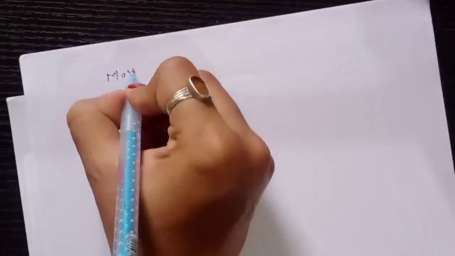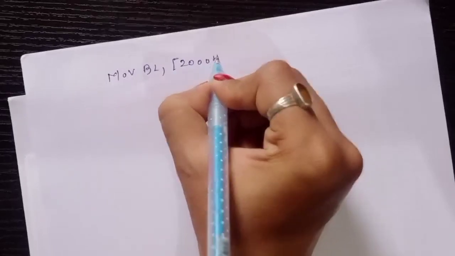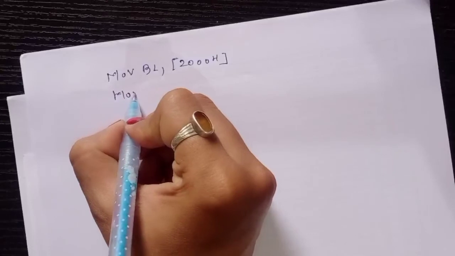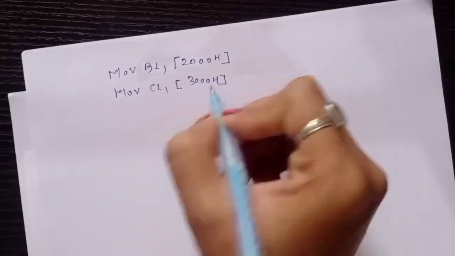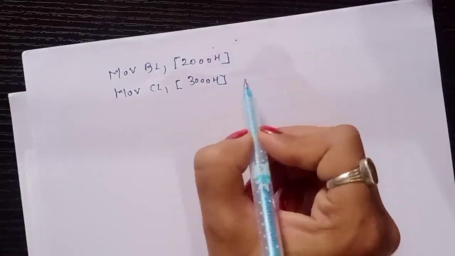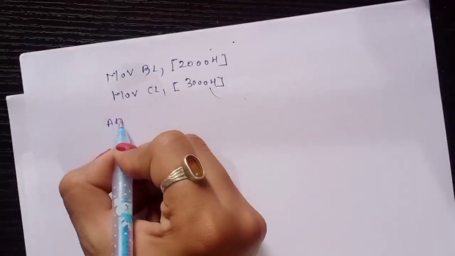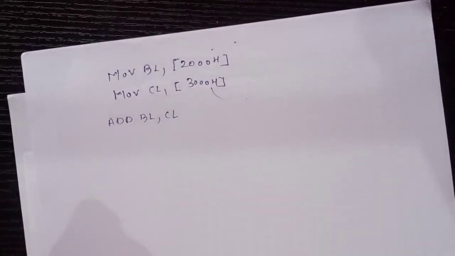So how will we write? MOV BL, [2000H]. Then MOV CL, [3000H]. Now your data will come from memory location 2000 and memory location 3000, and now you can add BL, CL.